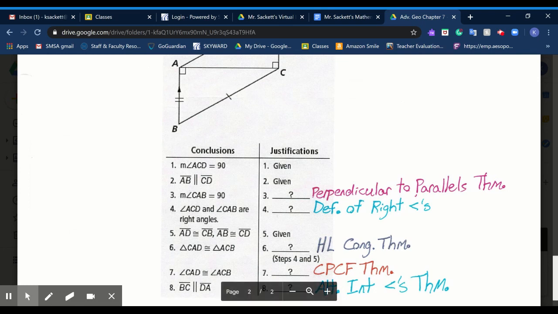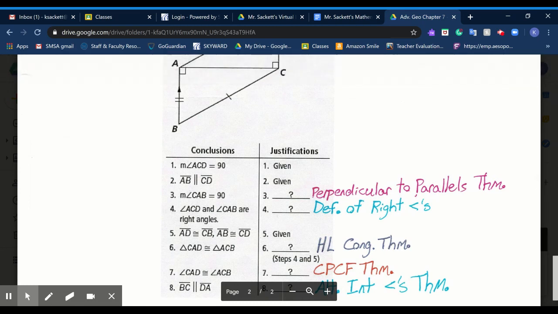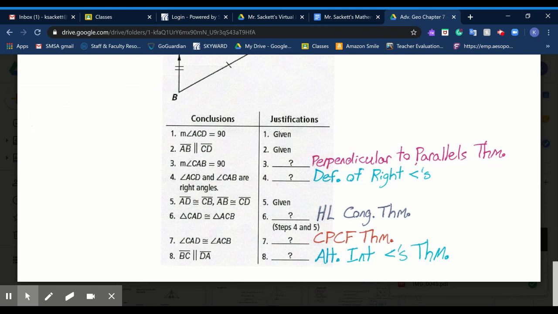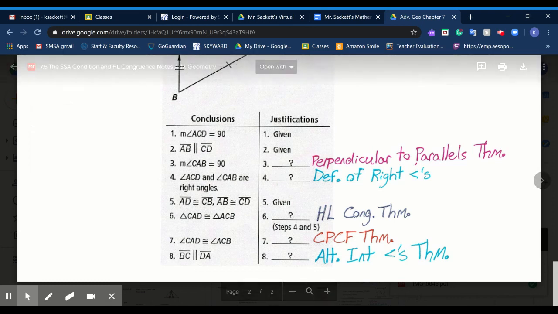So in step 7, angle CAD is congruent to ACB by the corresponding parts of congruent figures theorem. And then our last piece, because we now state those angles are congruent, those are alternate interior angles to sides BC and DA. So BC is parallel to DA by the alternate interior angles theorem.